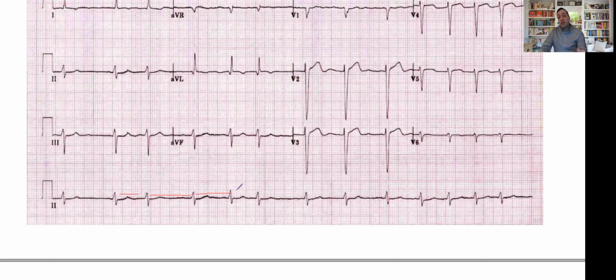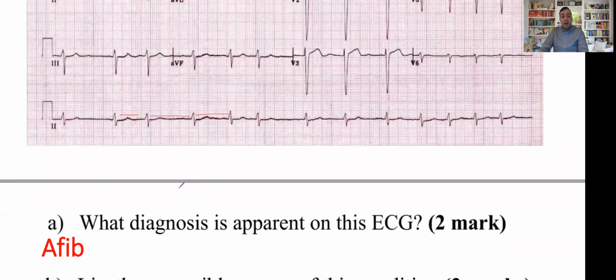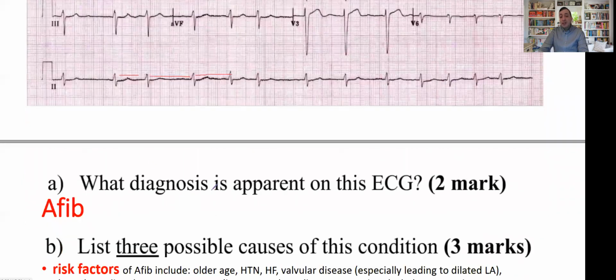So this combination, absent P wave, normal narrow QRS, and what is called irregular rhythm, is consistent with atrial fibrillation. So this patient most likely has atrial fibrillation. The diagnosis apparent in this ECG is atrial fibrillation.